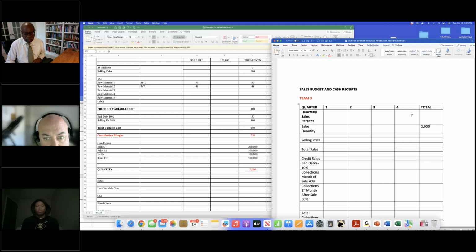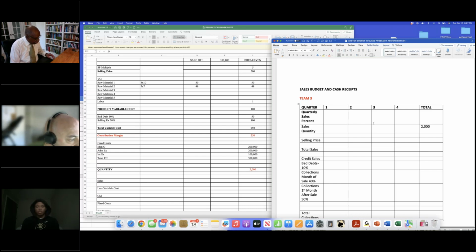Now, if we go back to our assumptions, what percent were we selling the first quarter? In your assumptions, is it 20 or 10%? 10%.